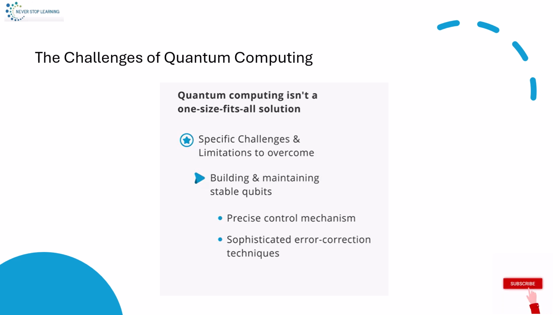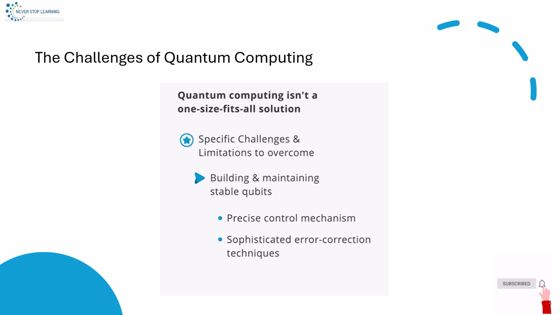This requires precise control and advanced techniques to stabilize them. Another is error correction. Quantum computations are prone to error, so scientists need sophisticated error correction methods to ensure accurate results.